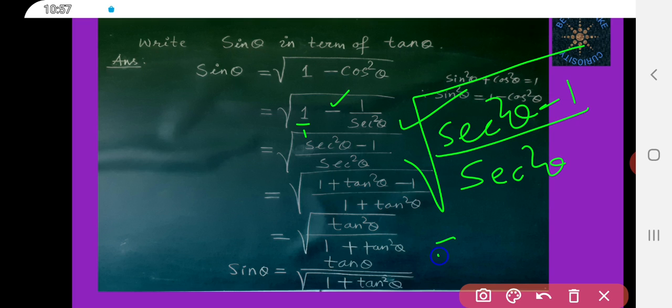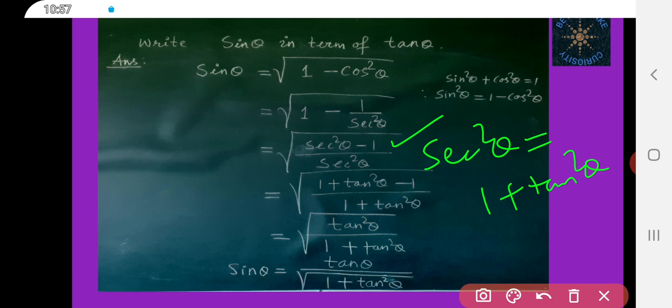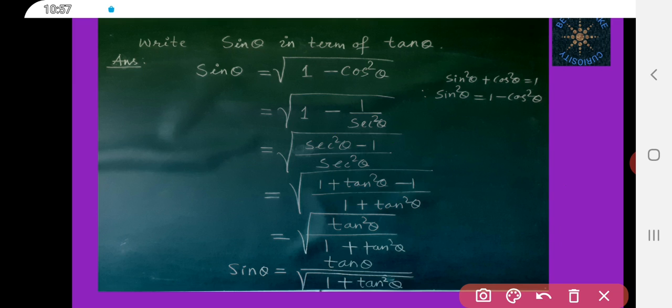Okay, then here you can now use sec square theta is equal to what? You know the identity, 1 plus tan square theta, yes. So in the place of sec square theta you can write 1 plus tan square theta. So here in this place we can write (1 plus tan square theta minus 1) by sec square theta, which is 1 plus tan square theta.